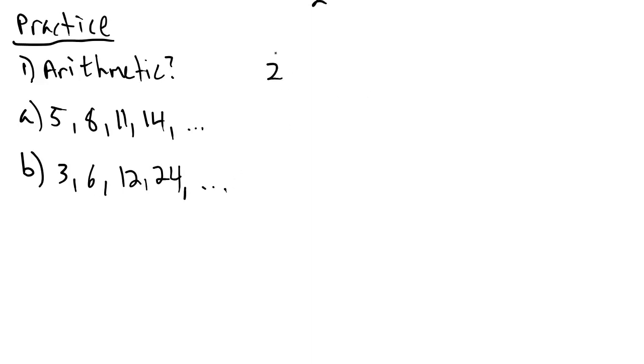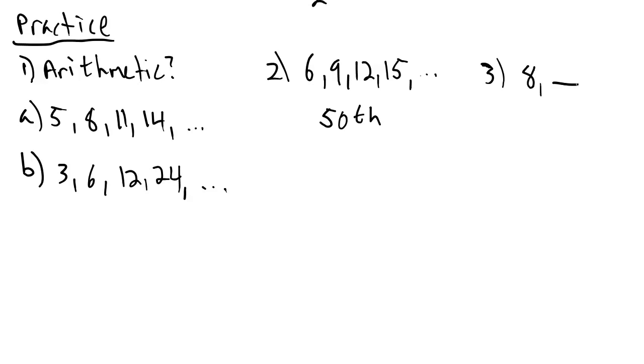Next, I want you to look at this sequence and find me the 50th term, and then solve for the two numbers that are missing here. So go ahead and do those. Actually, make sure you're doing these. Pause the video, get started with them, and we'll meet back up in a second here.